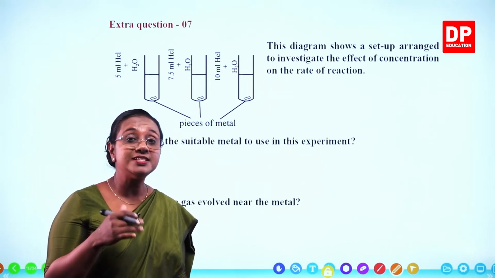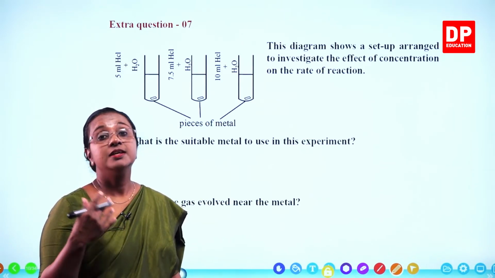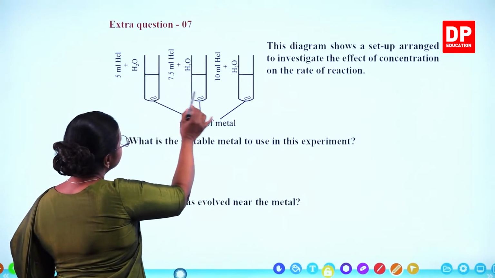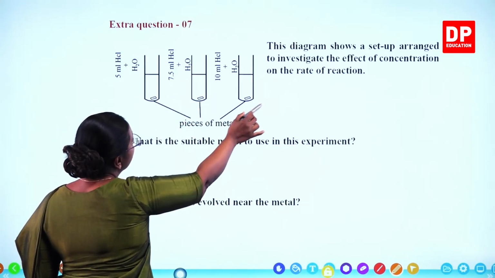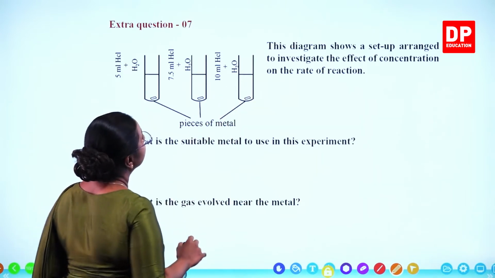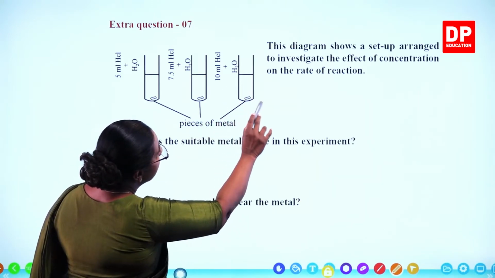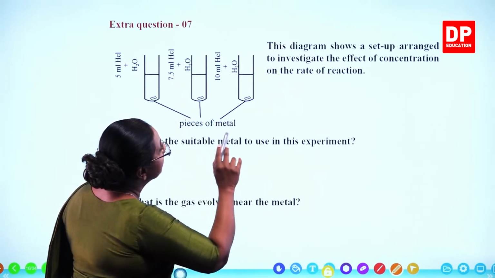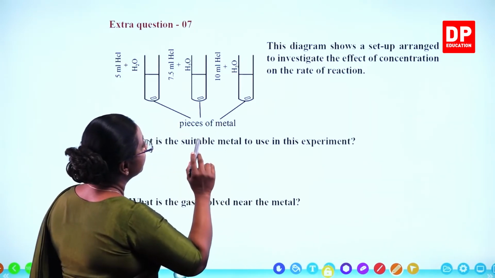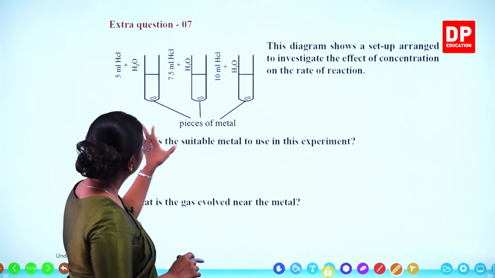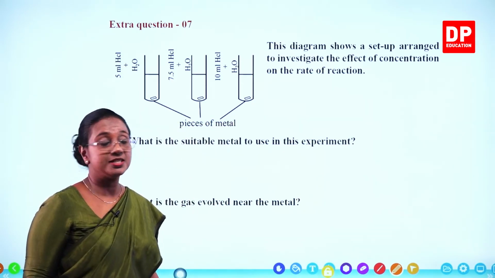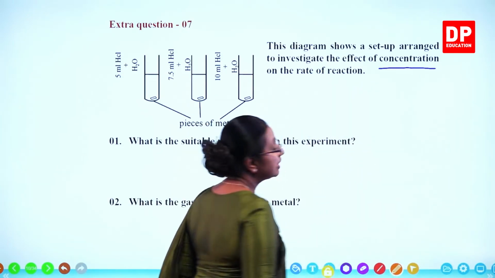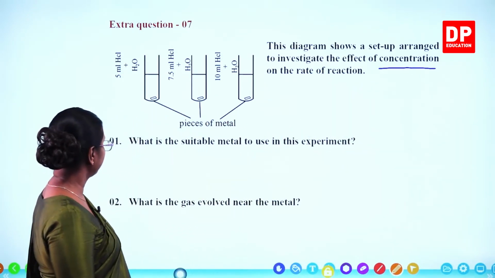When you have more HCl and less water, concentration is more. So, this one has less concentration, this is a little bit more, and this has even more concentration. This diagram shows a setup arranged to investigate the effect of concentration on the rate of reaction. The question itself mentions that.